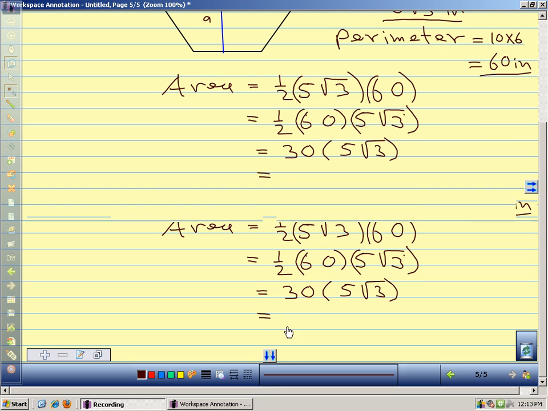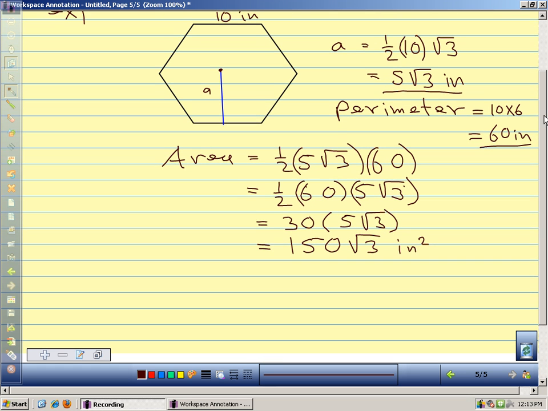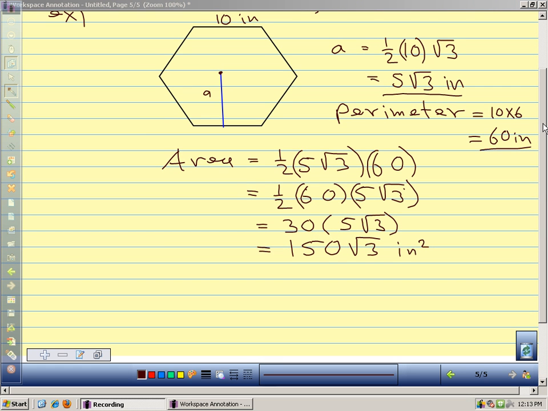And finally I get that my area is 150 square root of 3 inches squared. All I needed to know because I had a regular hexagon, and hexagons are special, was the side length. I can figure out the apothem and use that to find my area.